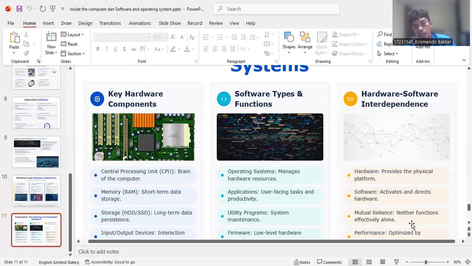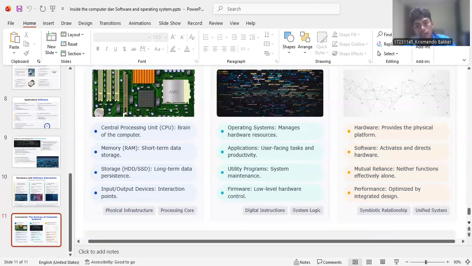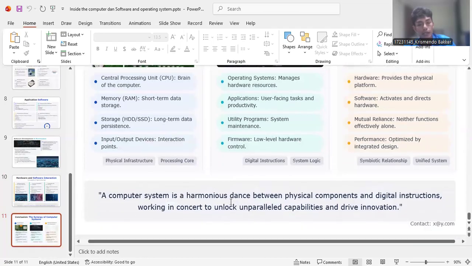Mutual reliance: neither functions effectively nor performs at its best unless they are integrated. The conclusion is that a computer system is a harmonious dance between physical components and digital instructions working in concert to unlock unparalleled capabilities and drive innovation.